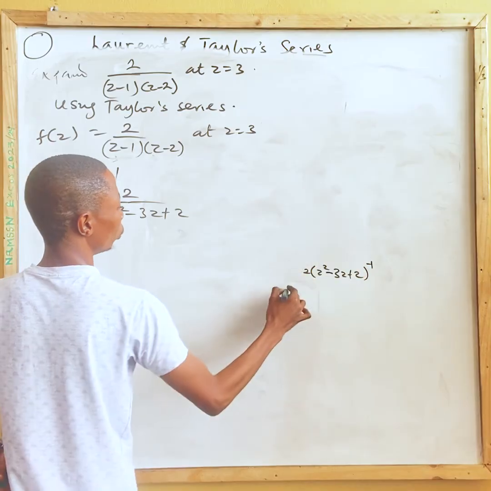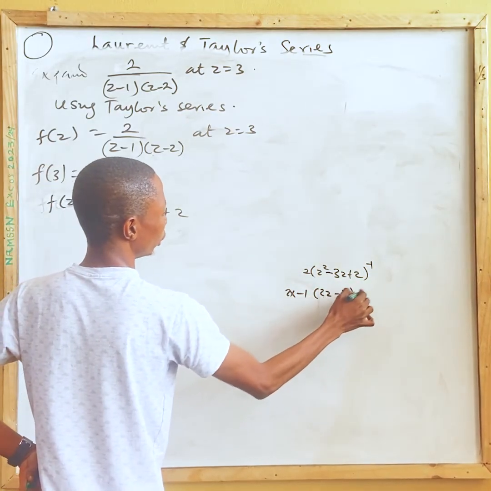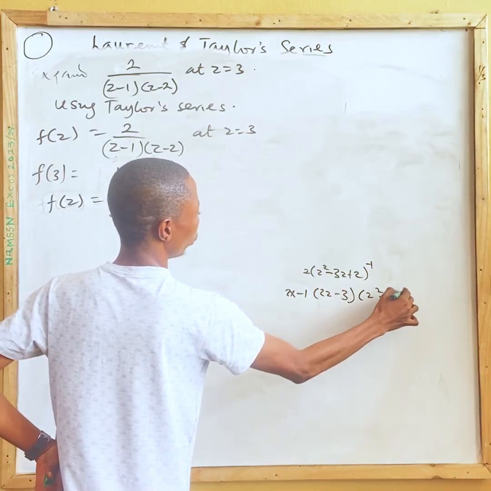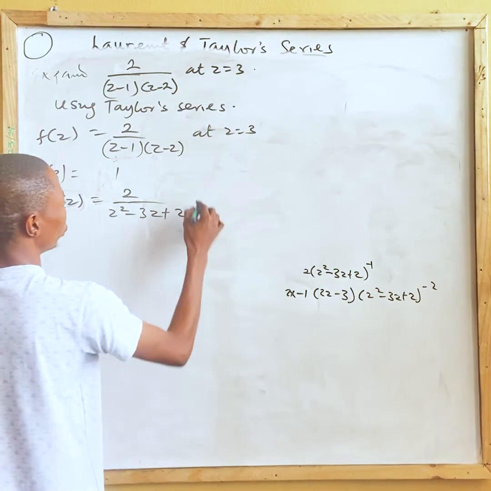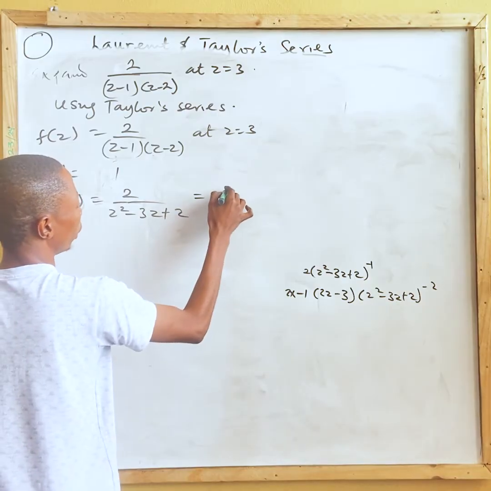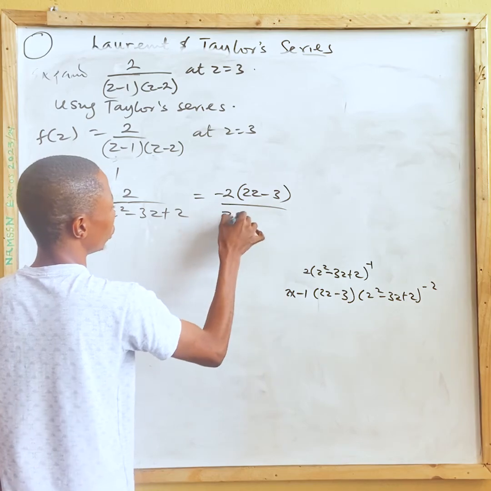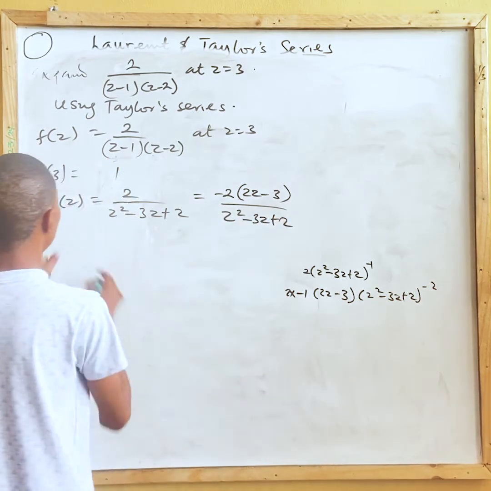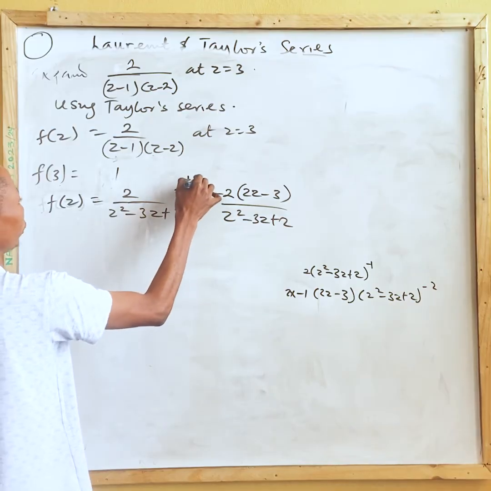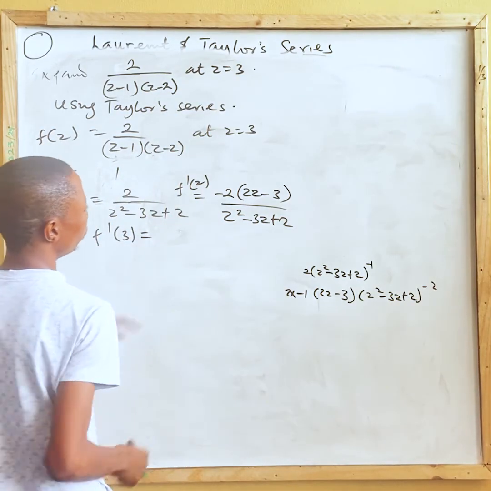Then 2 multiplied by minus 1, times the derivative of this, 2z minus 3, and (z squared minus 3z plus 2) raised to power minus 2. That is minus 2 times (2z minus 3) over (z squared minus 3z plus 2) squared. This is f prime of z. So what is f prime at 3? Put 3 here.